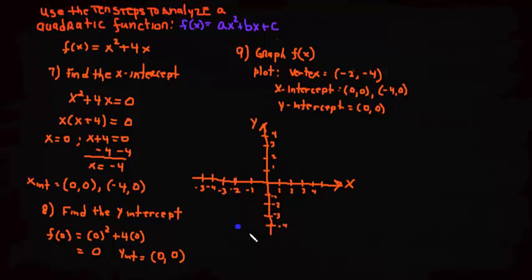Okay. Then what do we have? We have 0, 0 for the x-intercept. And then we have -4, 0 right there. And our y-intercept is also 0, 0.